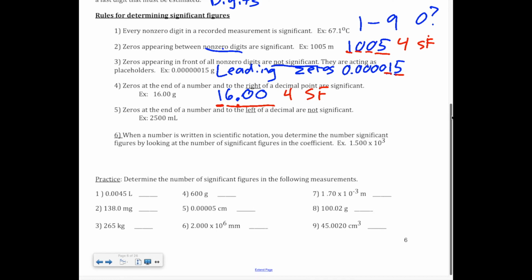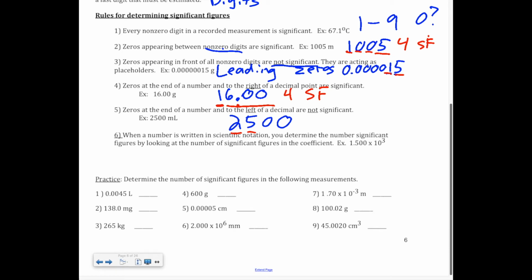Now for number 5, zeros at the end of a number and to the left of a decimal are not significant. So check this one out. We have 2500. There is no decimal. So again, the 2 and the 5 are automatically significant because they are not zeros. Now, there is no decimal present, so these are not significant.